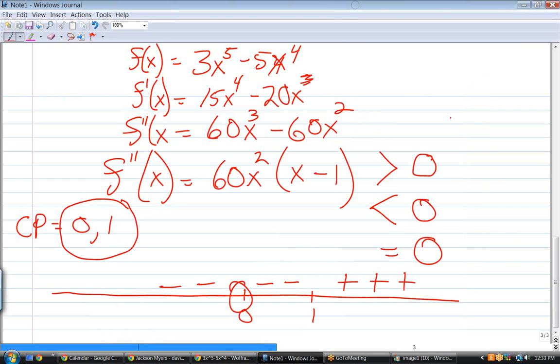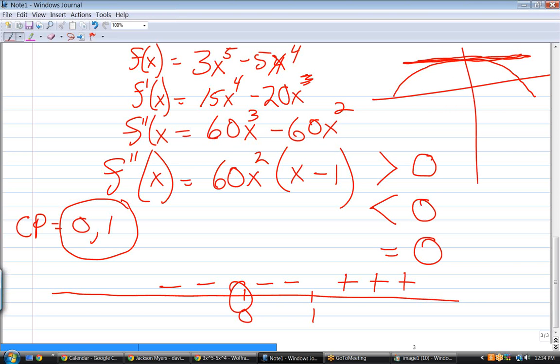In other words, if I had something that looked like this, at that point right there, the first derivative is horizontal, which means it's 0, and yet it's concave down throughout that interval, even though the first derivative is 0 at this point here.